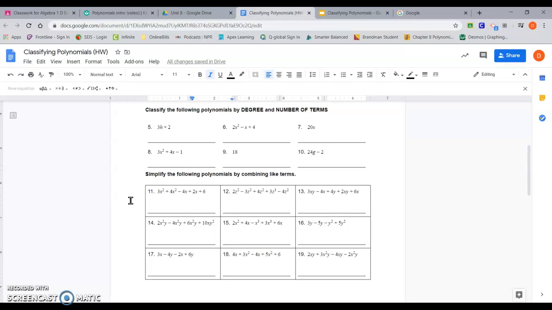So we're looking at all the exponents going together. 3x squared plus 4x squared, those combine to a single term. It would be 7x squared. This negative 4x plus 2x, those combine. It would be a negative 2x and then plus 6. I want you to simplify this by combining like terms, okay?